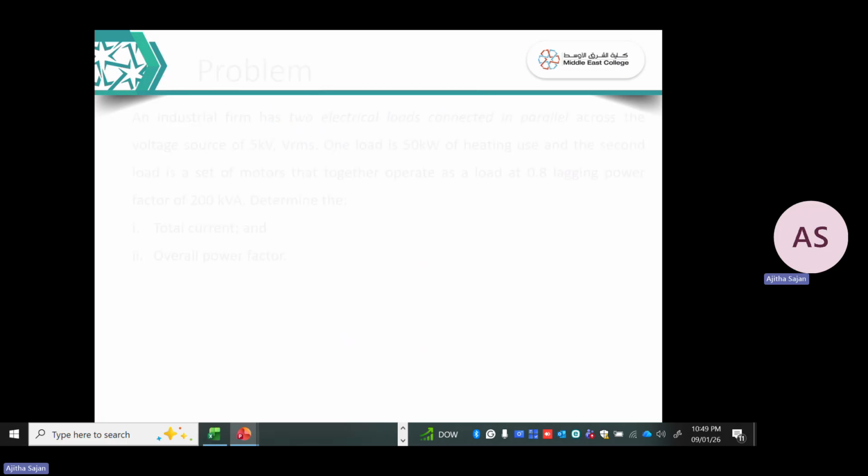S is given as 200 kilovolt ampere, and the power factor is 0.8. So how much are you going to get with these values for your P2? Your P2 is equal to 160 kilowatt.